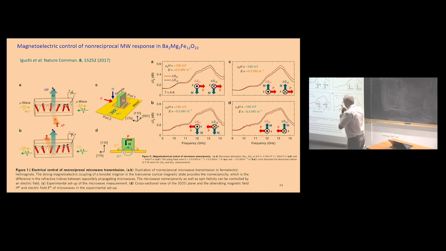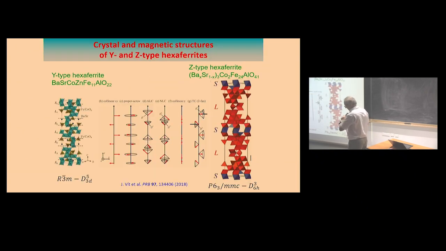So there is really directional dichroism of the electromagnon also in the microwave range. I think I will not go into many details. I had another example of electromagnon in hexaferrites, but I don't have too much time.